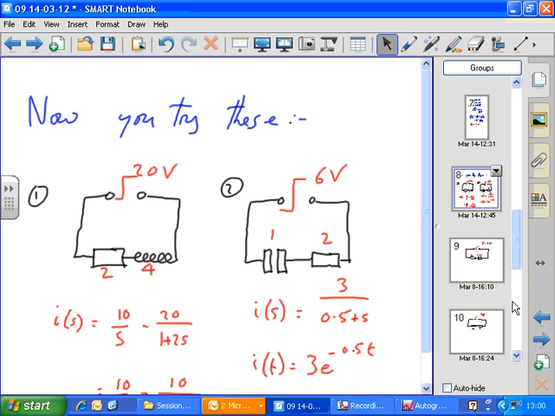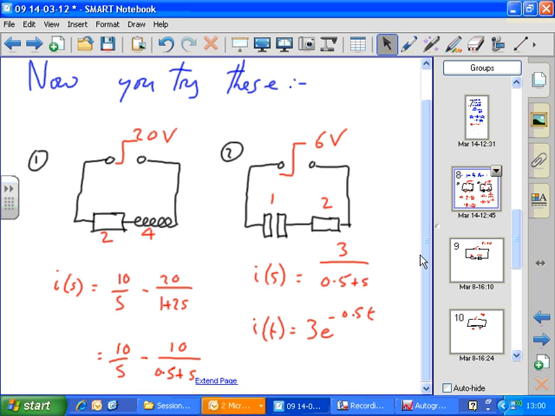Don't forget, if you're going to do the transform, that s must be 1s. So in other words, looking at number 1, you should get the solution when you use partial fractions that i in s space equals 10 over s minus 20 over 1 plus 2s.